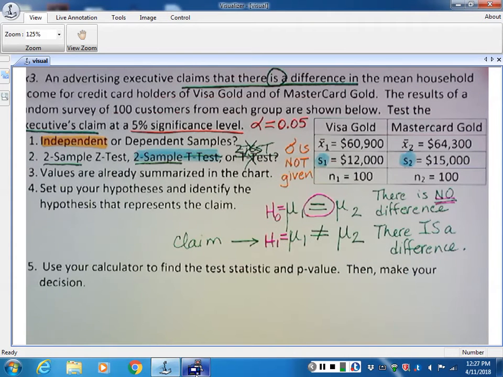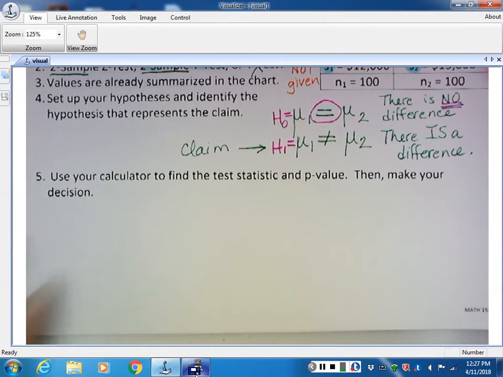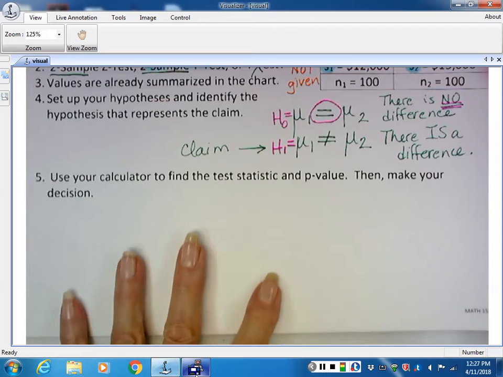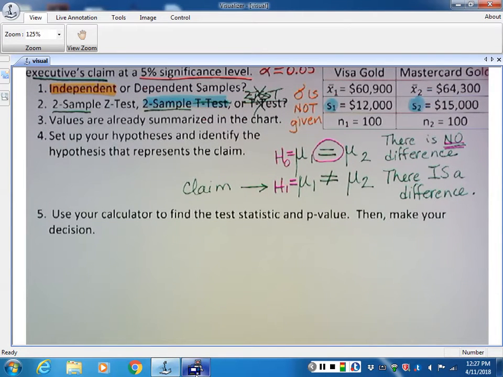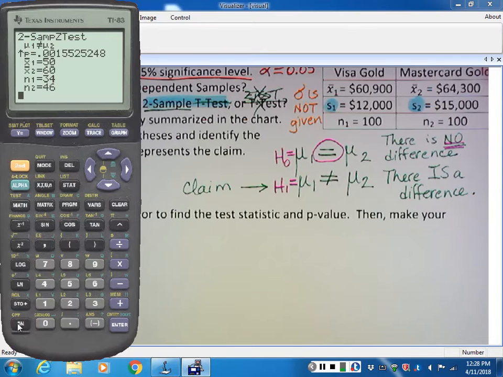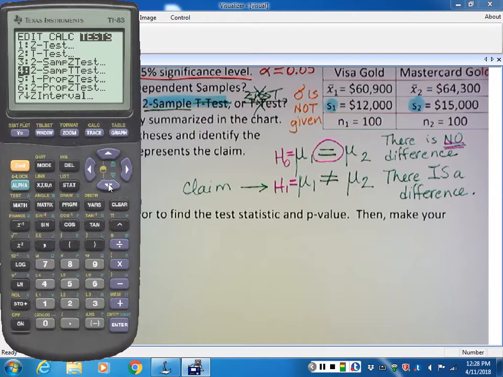Okay? So again, we're going to do exactly what we did before. We're going to use the calculator to find the test statistic and the p-value and make a decision. So this time we're going to go to the test menu. And this time we're going to choose a 2-sample t-test.